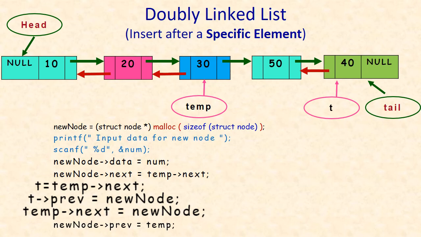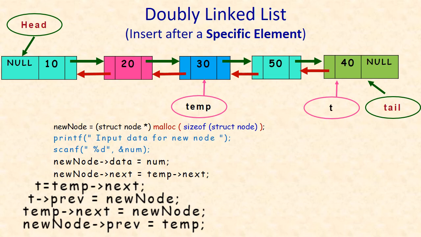Later, new node previous should hold the temp address. That's why I wrote new node previous is equal to temp, then this link will be established. Now the links are properly established. So this is how we insert a new element at a specific position.